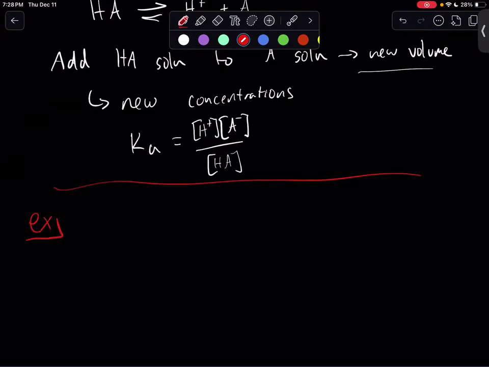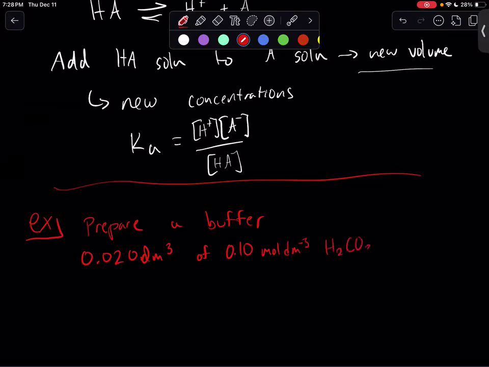So in this example, we're going to prepare a buffer, and we're going to do this by adding 0.020 decimeters cubed, so 20 milliliters, of 0.10 mole per decimeter cubed carbonic acid, H2CO3.